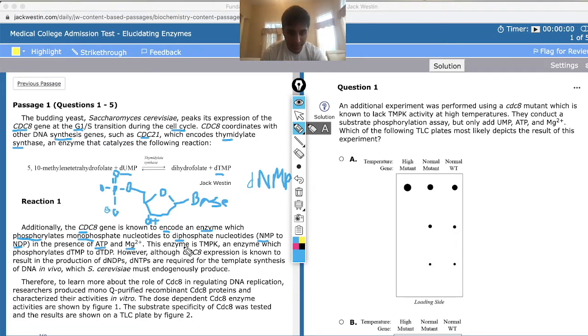And so it says the enzyme is TMPK. That is the enzyme that CDCA codes for, and it phosphorylates the monophosphate residues to a diphosphate residue. A diphosphate residue, like it's in the name, is going to have 2 phosphates on the nucleotide.